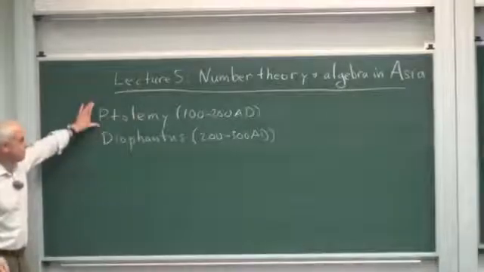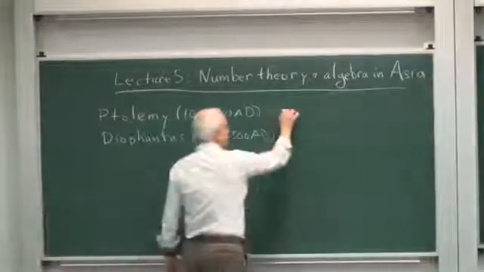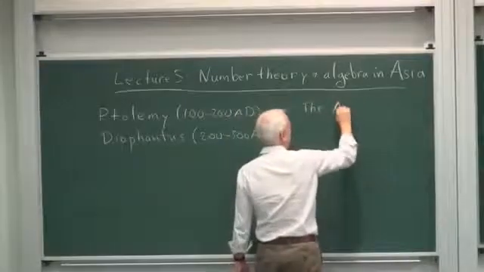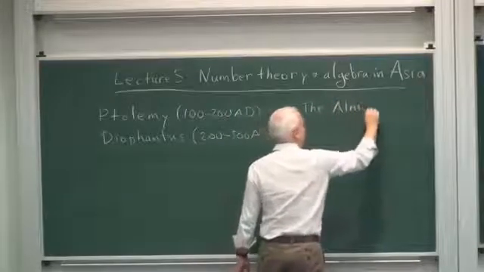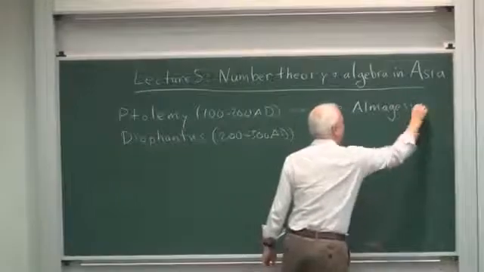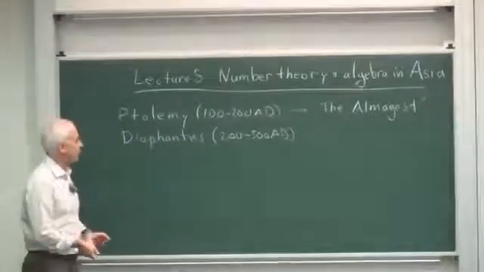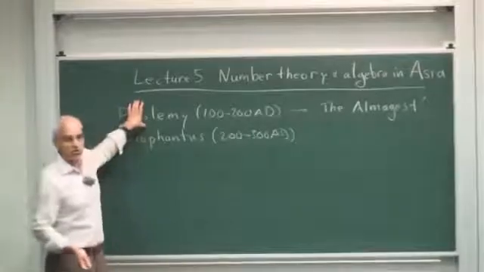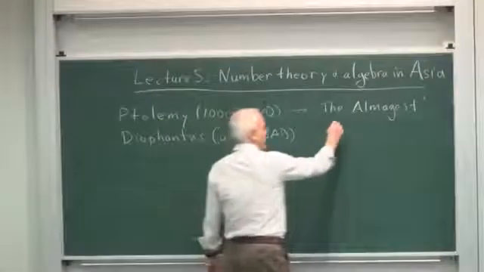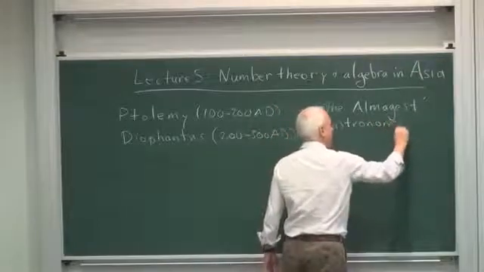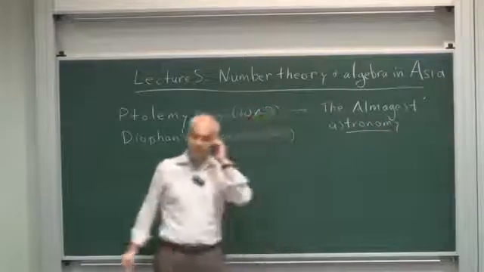And Ptolemy was especially important in that he wrote a very influential book called the Almagest, which translates into something like the Great Treatise. So this was a work on astronomy. He was an astronomer, and it was very influential with the Arabs who came later.